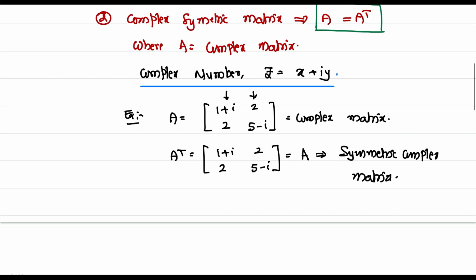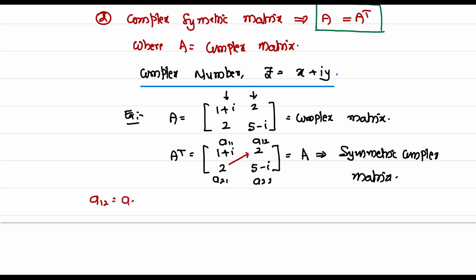Now, in complex symmetric matrix, how can we write any element? It is A11, it is A12, it is A21, it is A22. In this, what is that similarity you are getting? A21 is equal to A12.